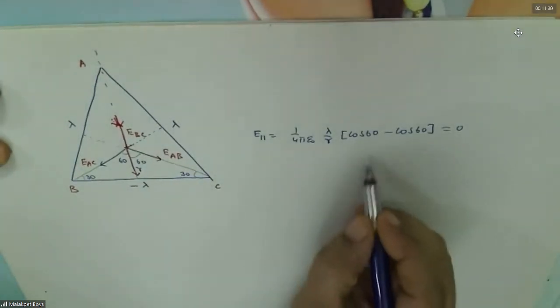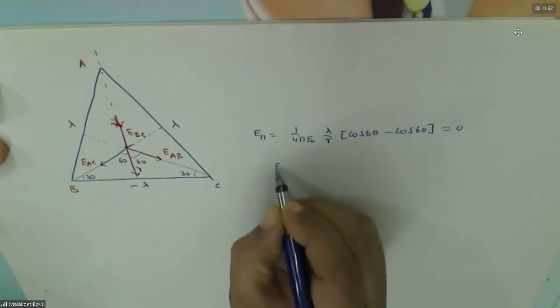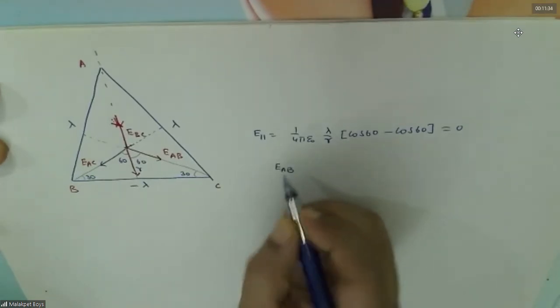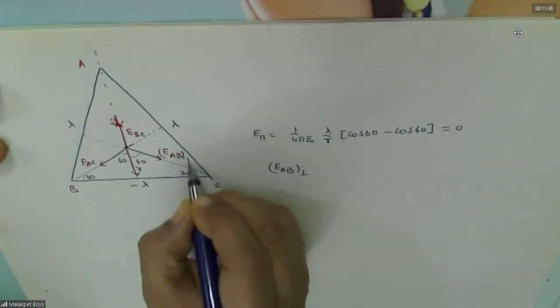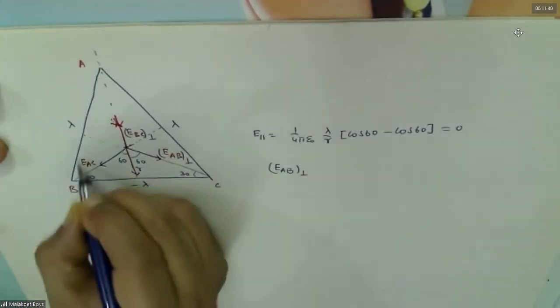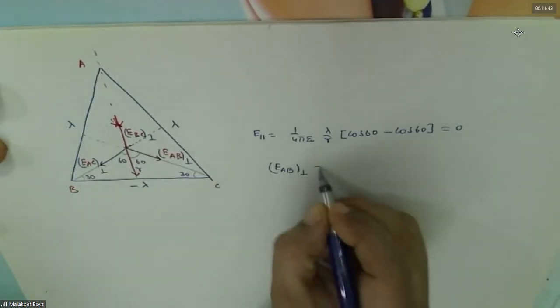That means all these are perpendicular only, no? Agreed. Parallel components are 0.